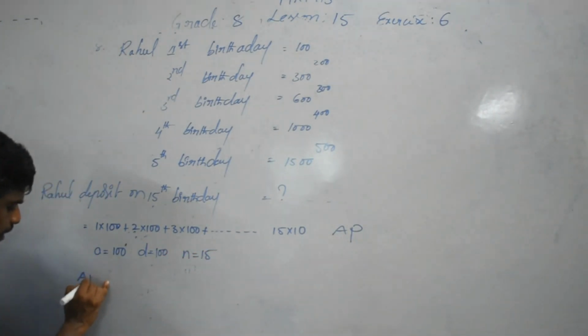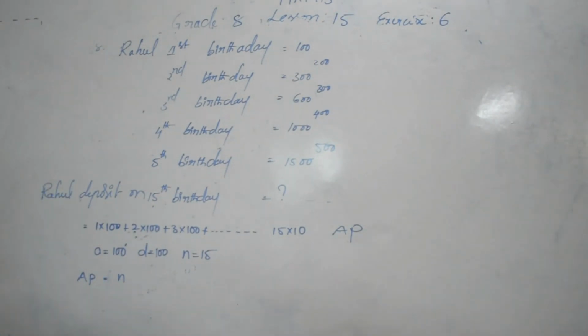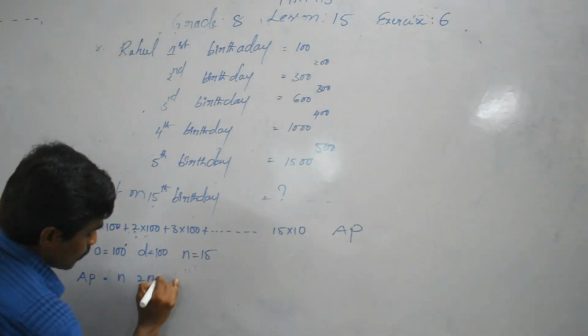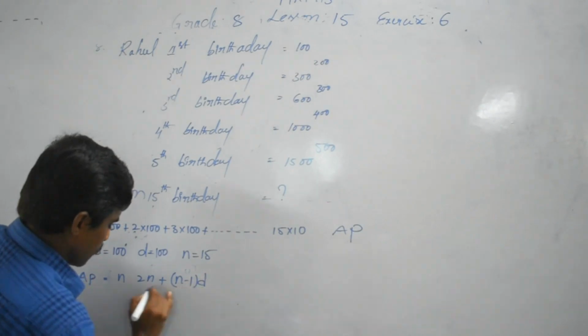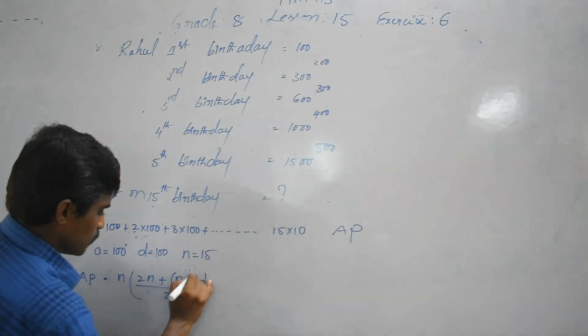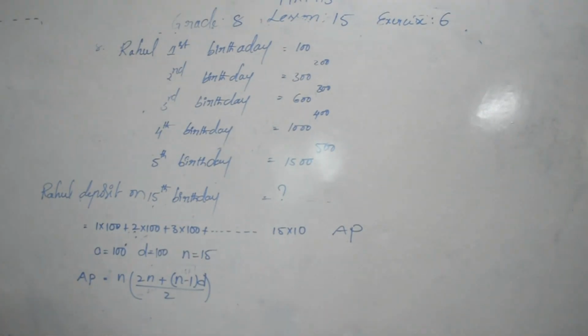So now the sum of the AP equals n by 2 times (2a plus (n minus 1) d). So here we substitute these values.